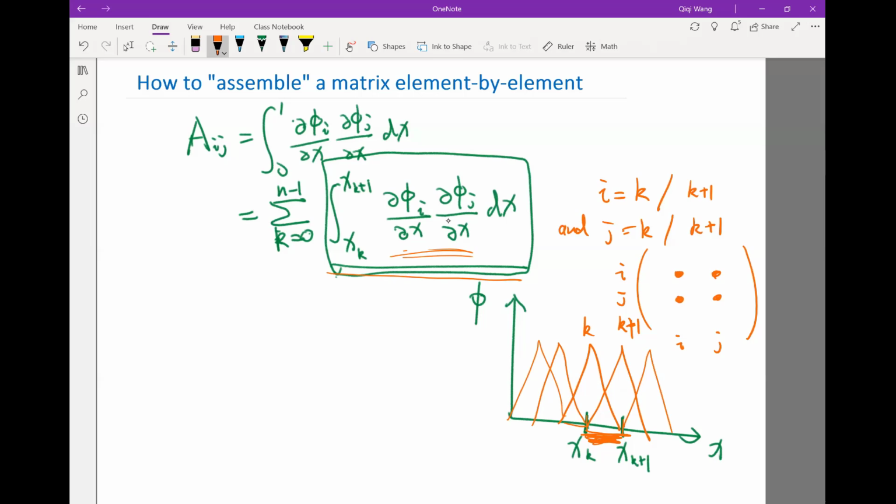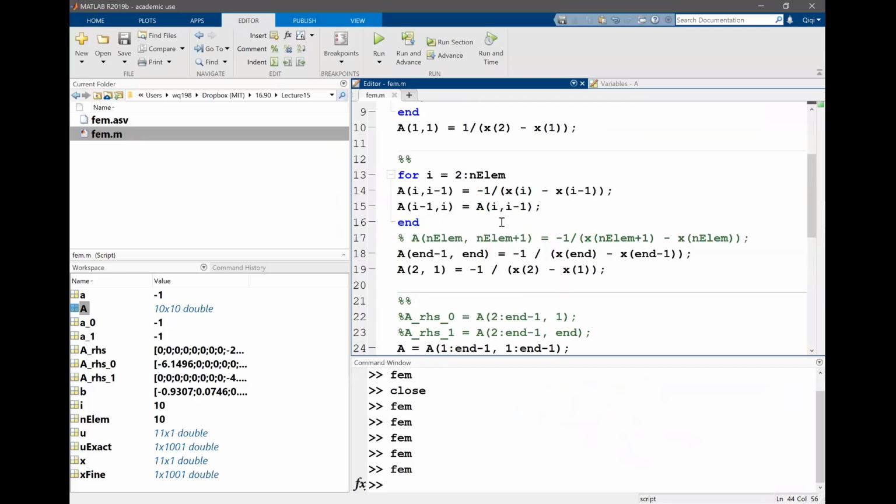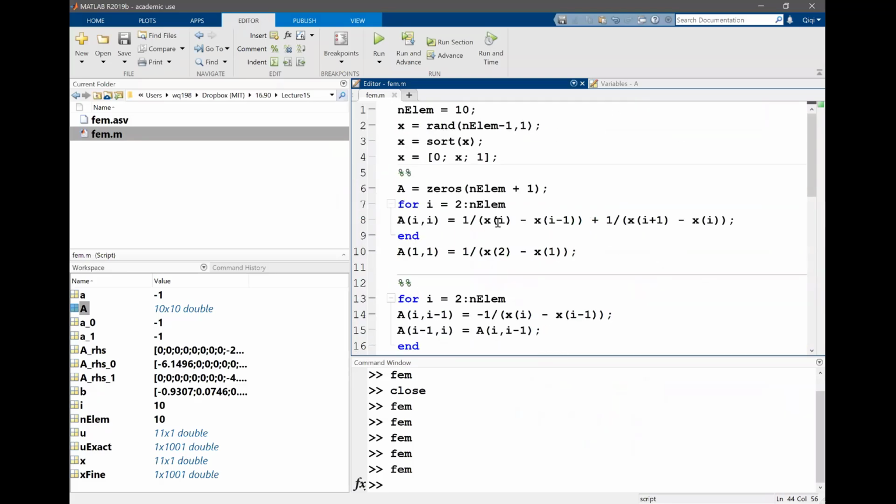Okay? And the code for computing, if you program what is required for computing such an integral, it's actually the same for any k. So let's go back to our MATLAB and figure out what that is. All right, so let's go back to our computation of A and modify that to make it a bit more general.